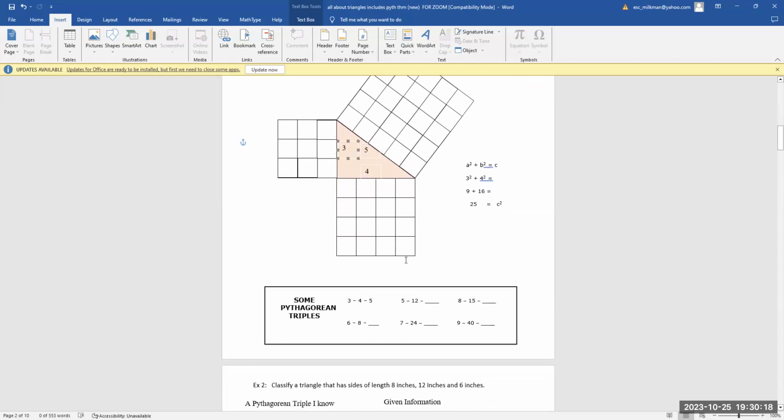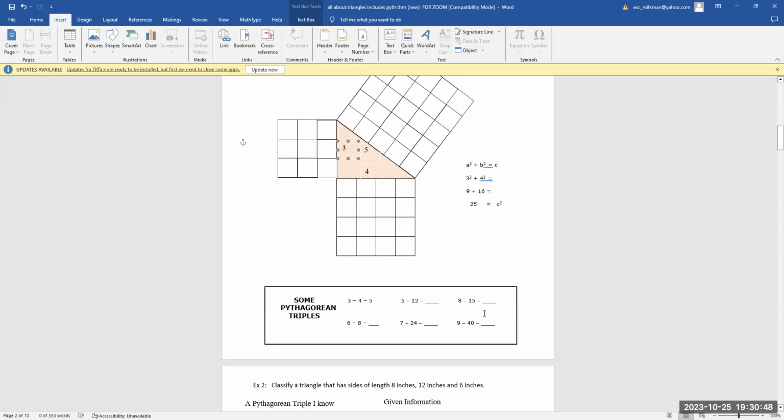What I now want you to do is try to figure out some other Pythagorean triples. For example, the Pythagorean triple 6, 8, what? 6, 8, what will give you another Pythagorean triple? So if you'll take time to fill in these blanks: 6, 8, blank; 5, 12, blank; 7, 24, blank; 8, 15, blank; and 9, 40, blank.